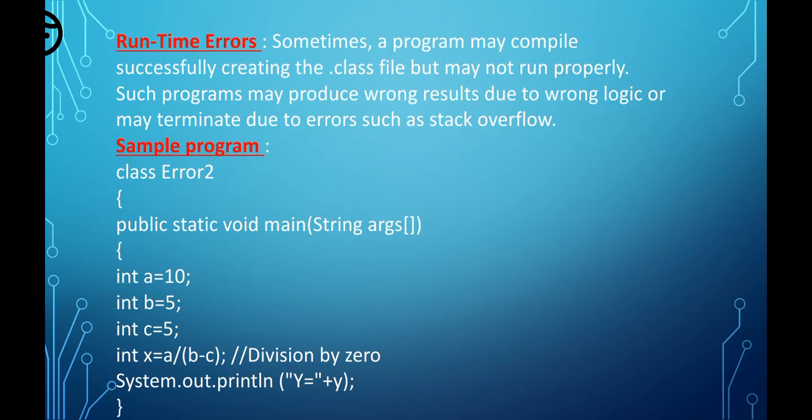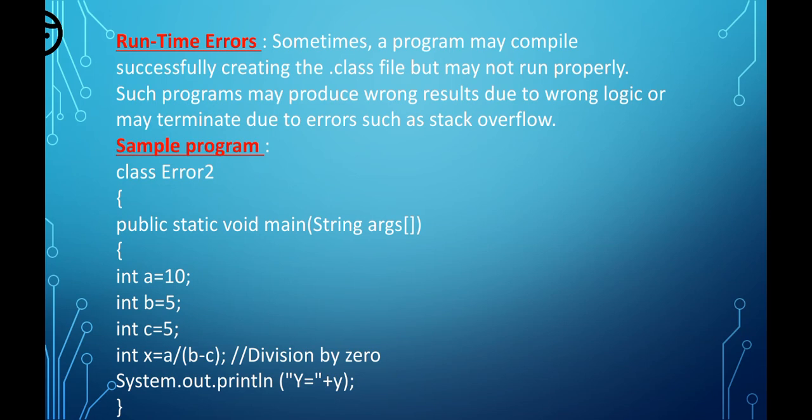So here we could see the sample program. In main, I declared variables a equals 10, b equals 5, c equals 5. Thereafter I wanted to apply one logic, int x equals a divided by b minus c.